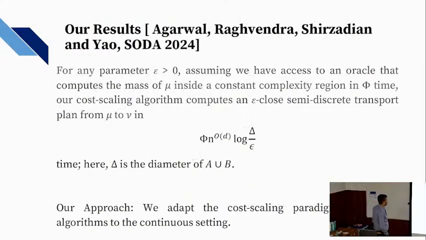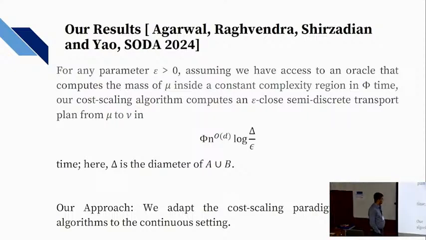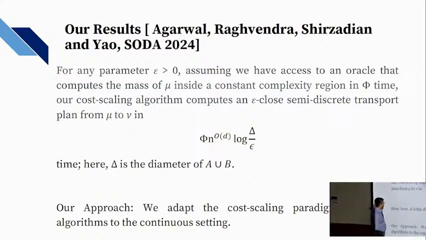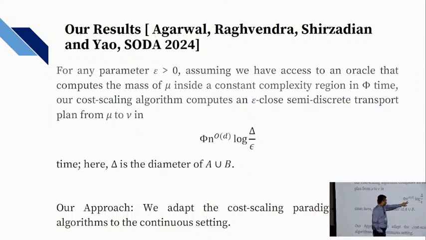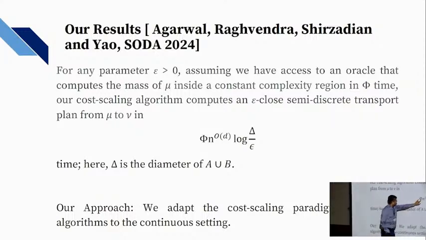So here's one of the results we have. We give an algorithm that runs in time n to the O of d log diameter over epsilon. This is the diameter of the union of supports, and it also depends on a parameter phi.